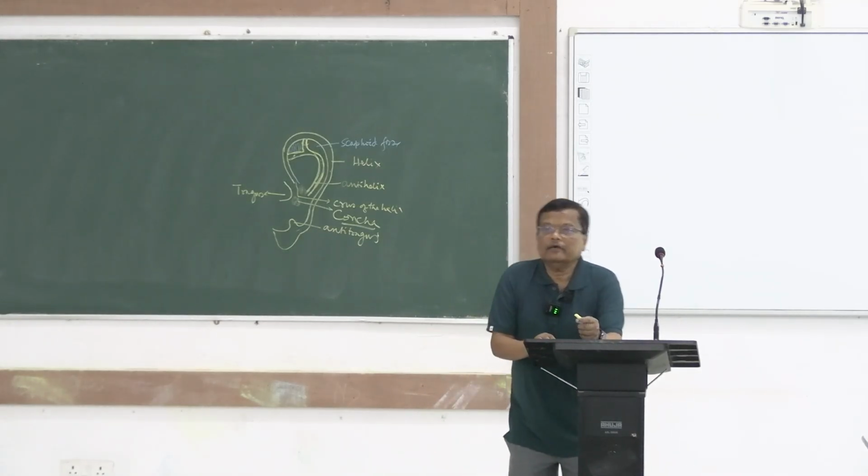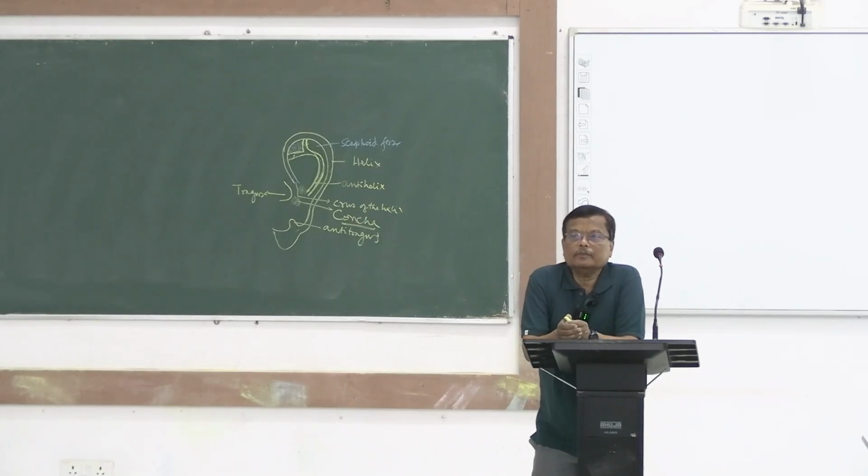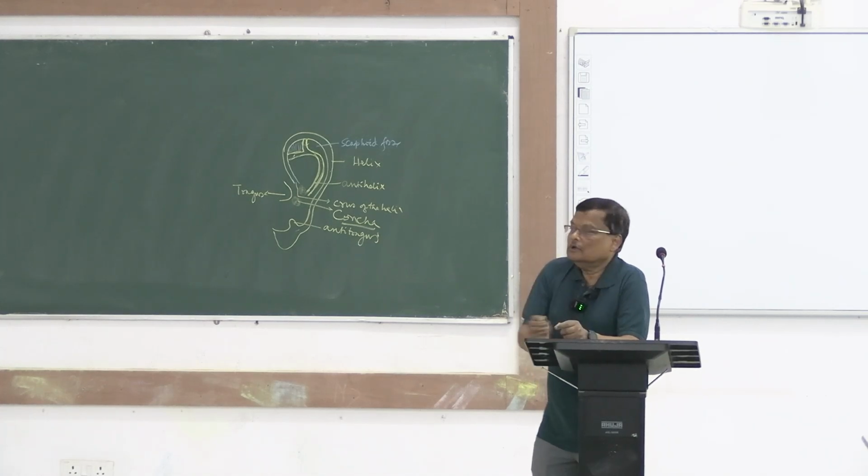The motor nerve supply of the external ear or auricle is by the facial nerve, as I have already told you. What is the sensory nerve supply?